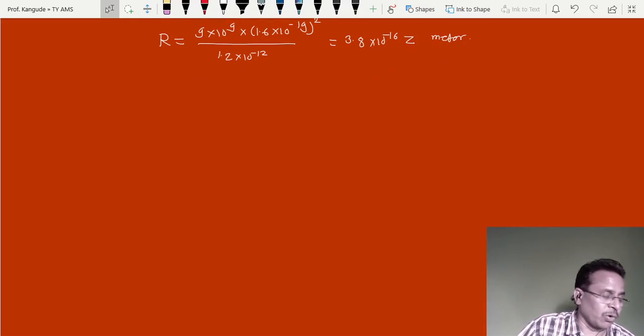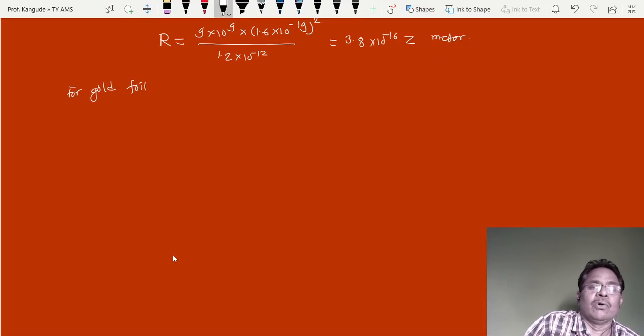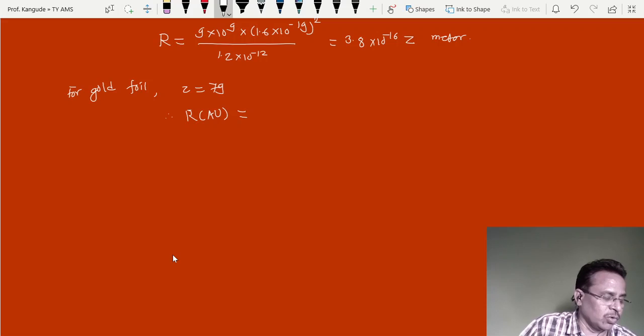For example, for gold, since he used this thin foil, gold foil, for gold material, Z is equal to 79, that is the atomic number, and therefore the radius of aurum, Au is the chemical symbol for gold, comes to be 3 into 10 raised to minus 14 meters, a very small number.